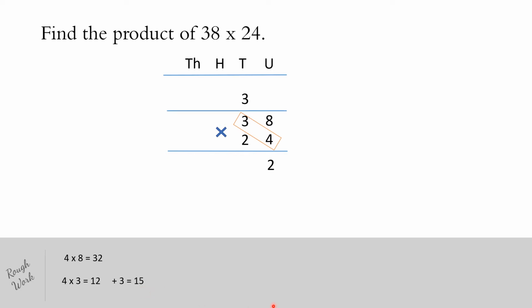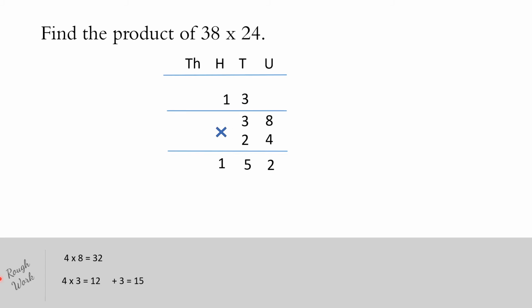So we will write 5 at the tens place and carry 1 at the hundreds place. Now as there is no other digit to multiply, we will write this 1 as it is down. So we got 38 multiplied by 4, 152. Now we will multiply 38 by 2.